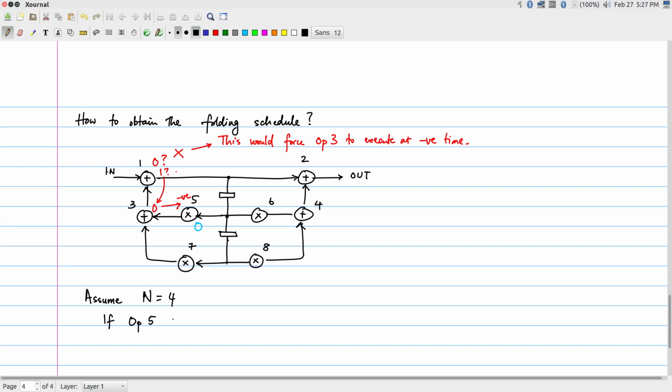If operation 5 is scheduled at t equal to 0, what would it mean? Operation 3 has to wait till 5 completes, and 5 is a multiplication. So the latency of multiplication is 2 clock cycles. 2 is the earliest time that operation 3 can execute. I should put greater than or equal to, but I'm just going to put equal to over here.